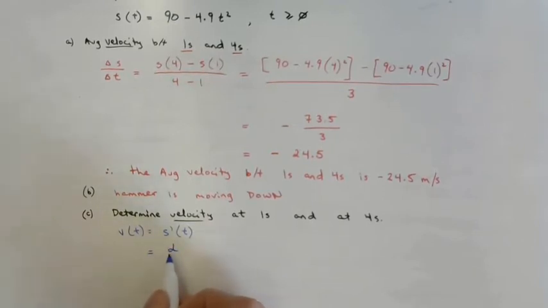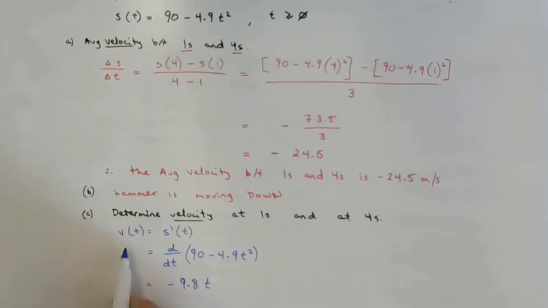So we're taking the derivative of 90 minus 4.9 t squared. The derivative of that is, this first constant becomes 0. Then I have 2 times negative 4.9, which is negative 9.8 t.